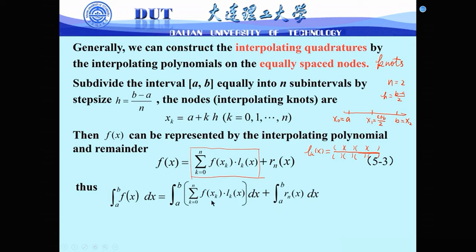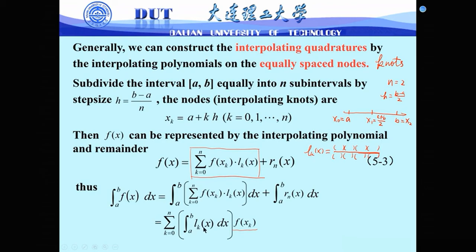Because f(x_k) are function values, which are constants, we can change the order between integral and summation. We compute the integrals of l_k(x), and multiply by the function values f(x_k).